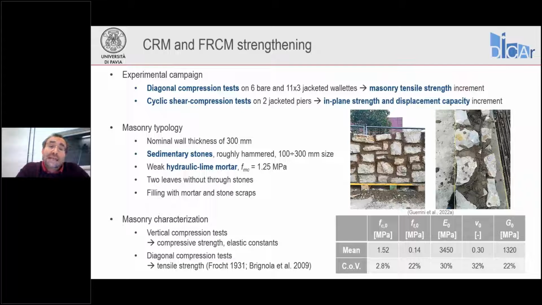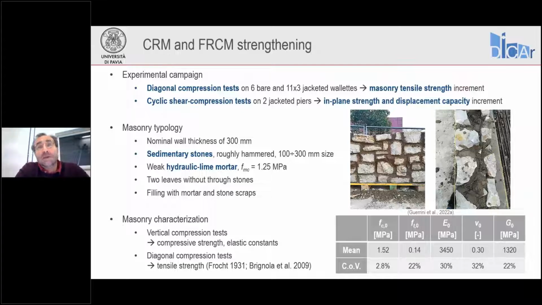We have performed a lot of diagonal compression tests on bare stone masonry and on a number of 33 jacketed wallets, where we employed basically 11 different combinations of materials to form CRM or FRCM. And this allowed us to investigate the increment in the masonry tensile strength, or an equivalent masonry tensile strength due to the strengthening system.